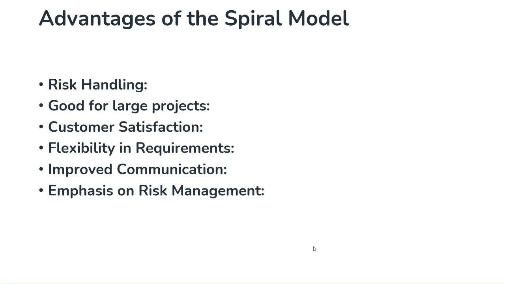Next, improved communication means the spiral model provides regular evaluation and reviews, which can improve communication between the customer and the development team. Next, emphasis on risk management. The spiral model places a strong emphasis on risk management, which helps to minimize the impact of uncertainty and risk in the software development process.